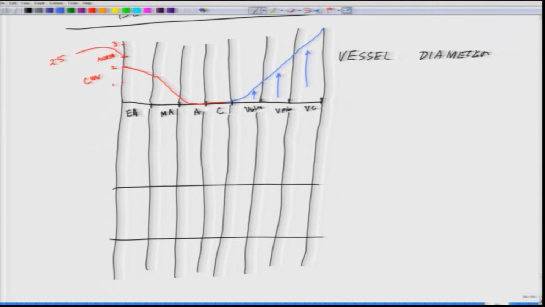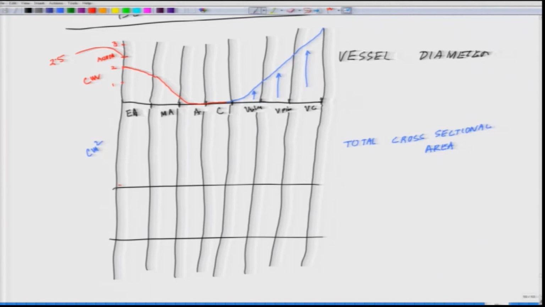Next, in terms of total cross sectional area. If you look at the total cross sectional area, it is very interestingly varying.